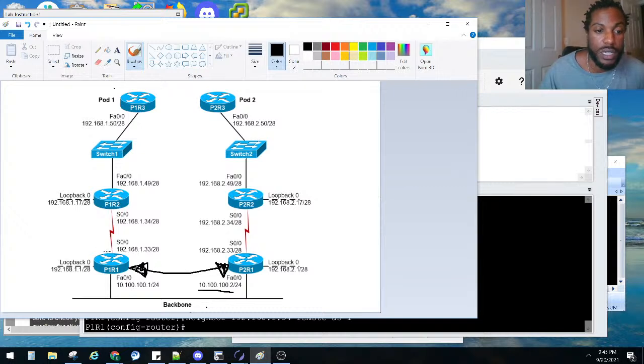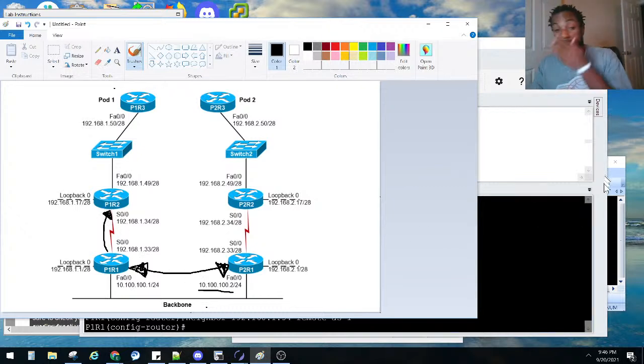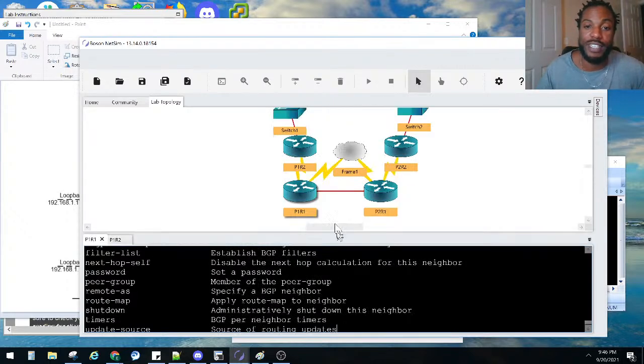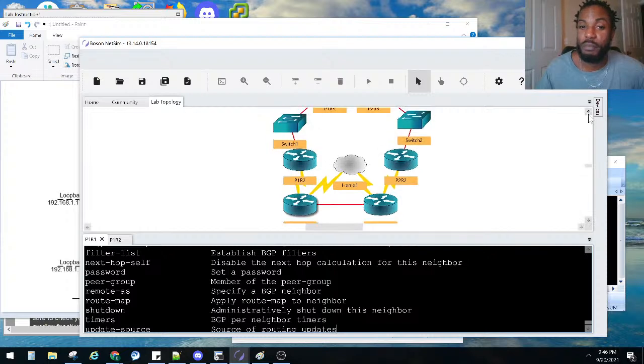Then we said, hey, I have a neighbor, his name is P1R1R2, and that's his IP address. Let's become BGP neighbors. I'll give you a couple minutes to get that. Anybody know why? I know Kelvin knows why. He's just ready to blurt out the answer right now.